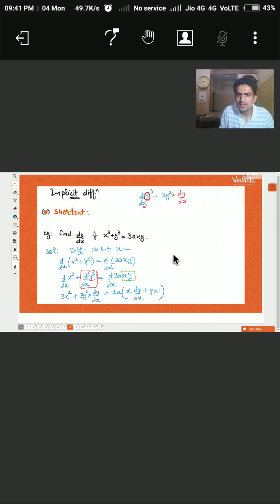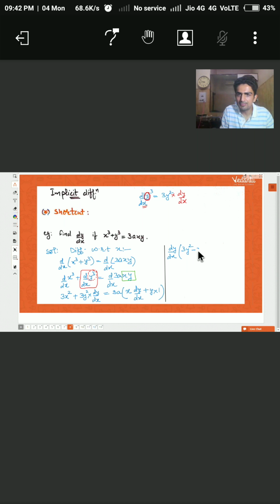Now do nothing, just collect the terms containing dy by dx. On the left hand side, I have 3y square, and on the right hand side it is 3ax.